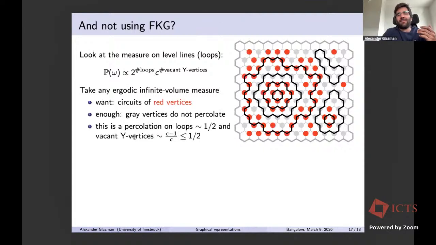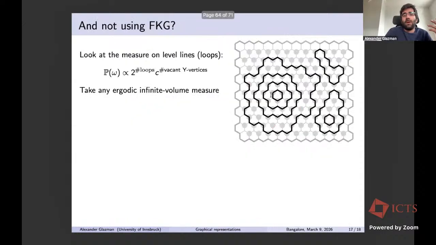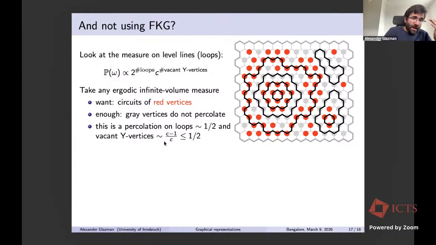So for these gray vertices, you have a percolation on loops and vertices which are vacant. On loops, you have percolation probability 1/2. With probability 1/2 it is oriented one direction, and you take this in gray, and with probability 1/2 you don't take it, it's red. Like in this picture, this is a red loop, inside is gray, and the outside has two red loops. And for vacant vertices, you take probability, which before was 1 over c, right? We took this probability 1 over c, so it's gray with probability c minus 1 over c. And since c is between 1 and 2, actually this is at most 1/2.